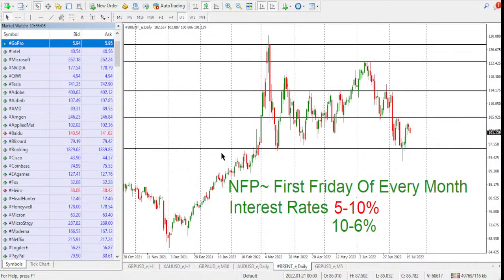So these are the two main things which I normally look for whenever I'm trading news. I first of all check NFP, that's the first Friday of every month. And then the next thing I check is interest rate in the light which I've mentioned, increase or decrease in the interest rates.